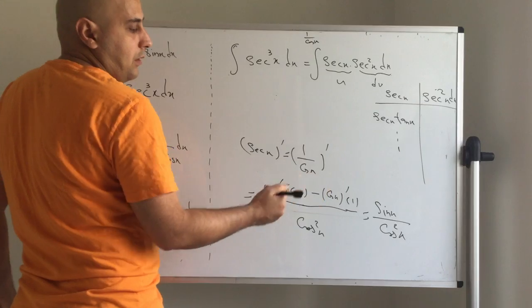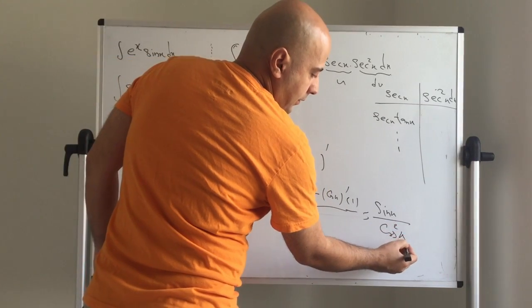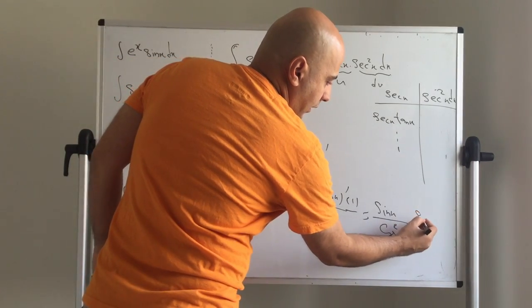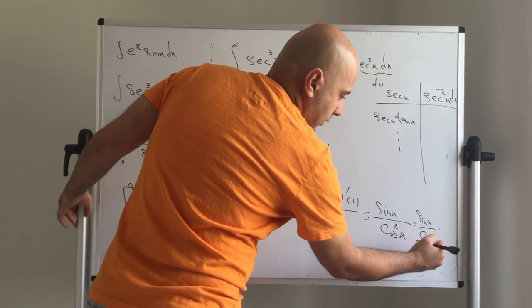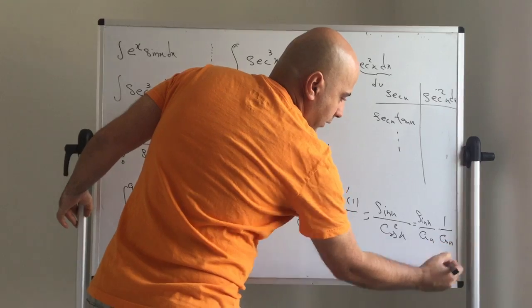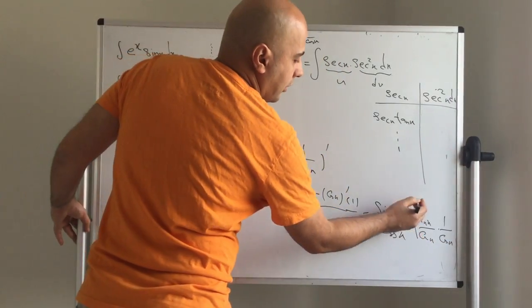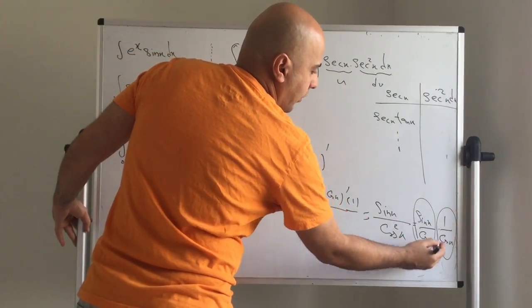I can write it as sine x over cosine times one over cosine. So it's a tangent, and another one is the secant.